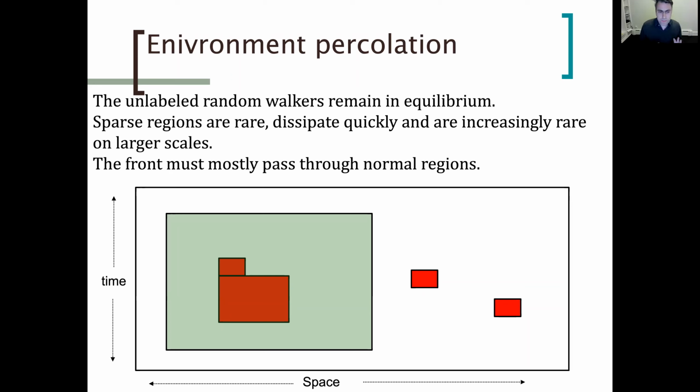So these sparse regions are rare and behave like a very subcritical percolation. From that, you can deduce that the front must not spend much time in the sparse regions, and you get a linear rate of growth.